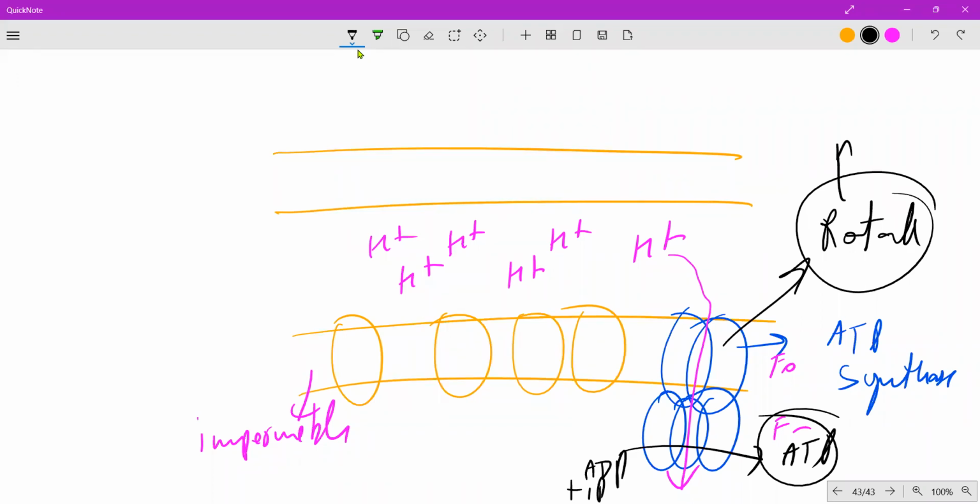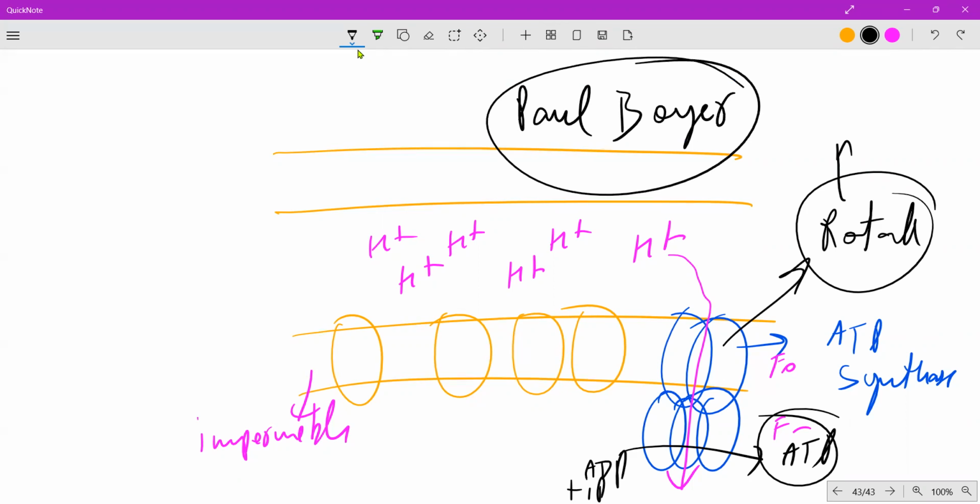There's a model for how ATP synthesis takes place, given by a scientist called Paul Boyer. We call it the uncoupling model, for how ATP synthesis takes place by this F0F1 particle.